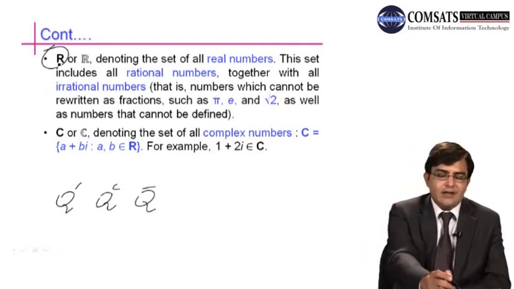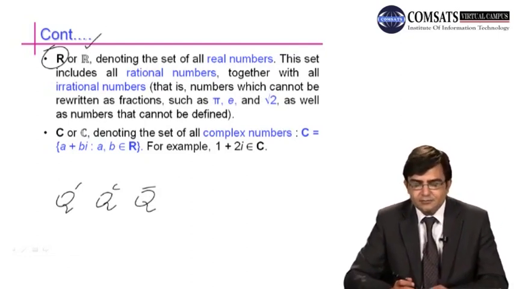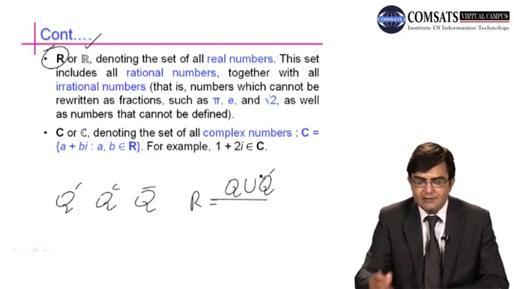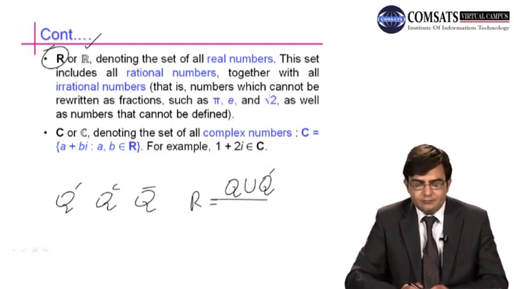It is usually denoted by capital letter R, or sometimes like this. The set of real numbers is the union of rationals and irrationals. It contains all the numbers on a straight line, you can also say.